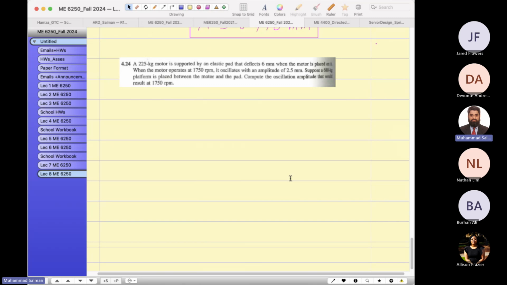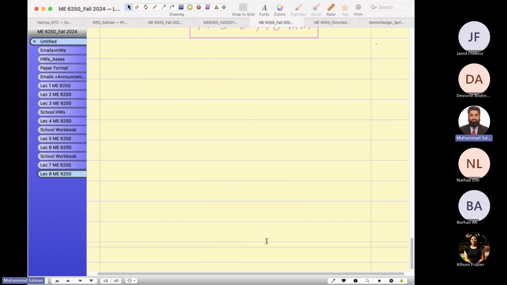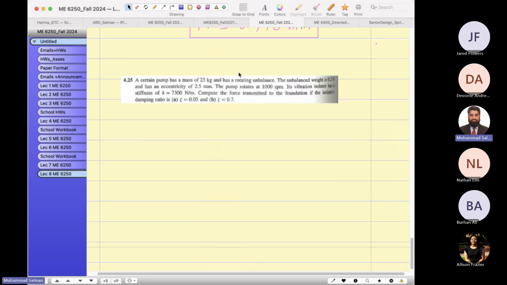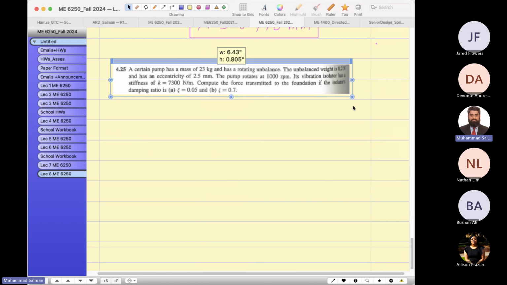This is similar to the previous one. I want to skip this one for your preparation, but you will do this at home. Let's do the next one. The next one is a little bit different. It's still unbalanced. These are problems from the unbalanced section. One of the students pointed out that I did not cover it, so I thought I should cover it.